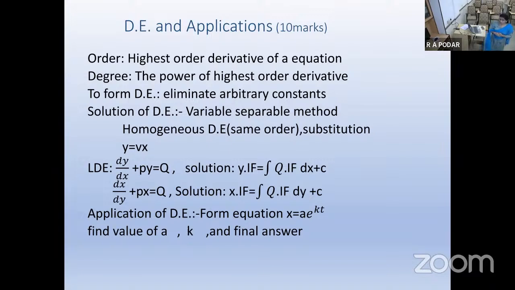How will you find that out? Here the degree of every term is the same, just like x cube y plus xy cube equal to x square y square. The degree of all terms is 4. That is called a homogeneous differential equation. Since all degrees are the same, we apply the homogeneous method, meaning we make the substitution y equal to vx and then continue.